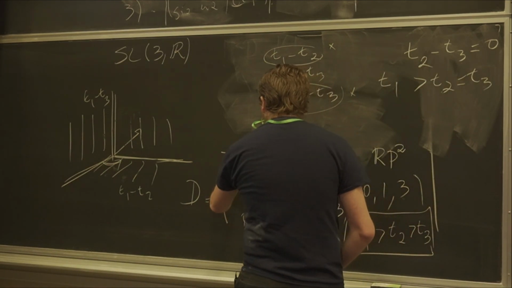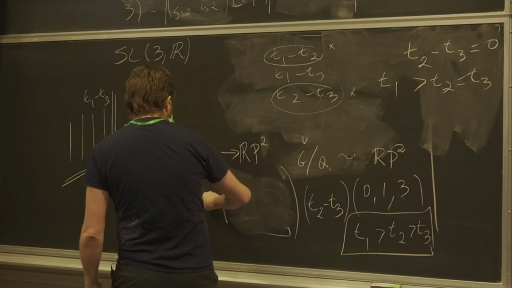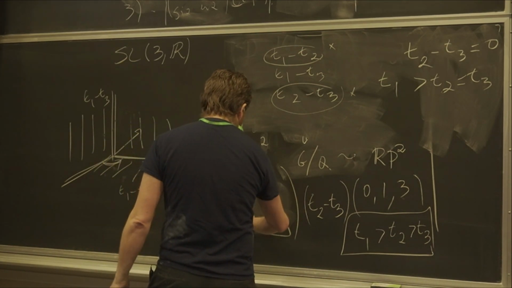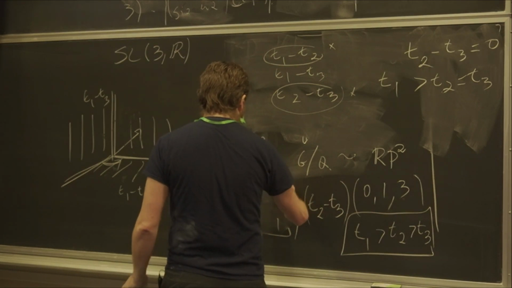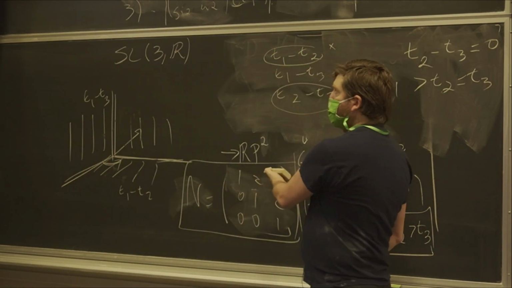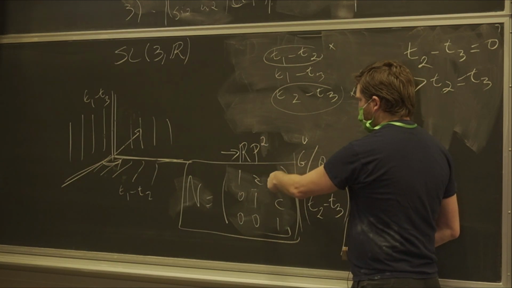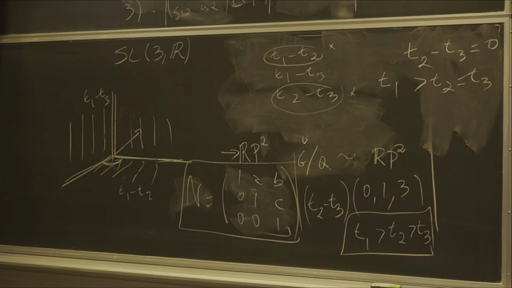I will leave to you as an exercise how these upper triangular guys will do. Okay, you will have some quadratic type of behavior coming from this guy here, how it acts on vectors.